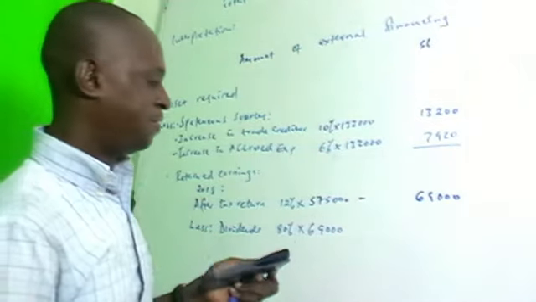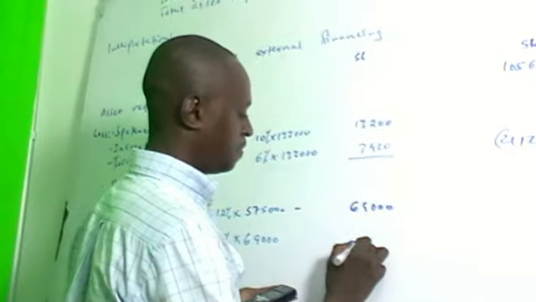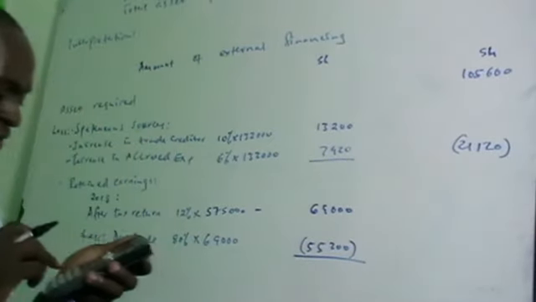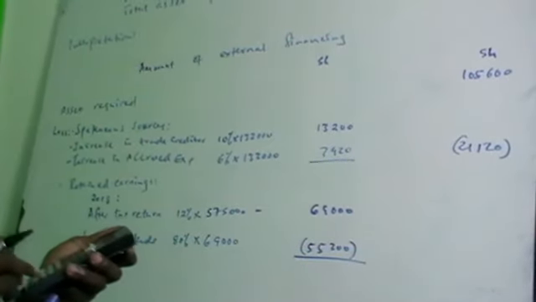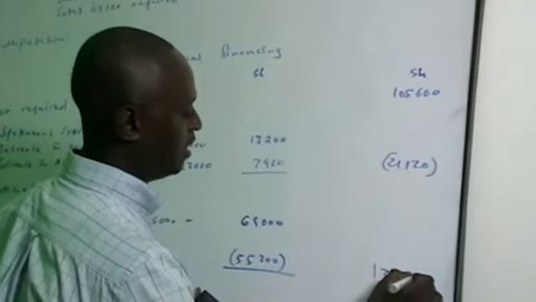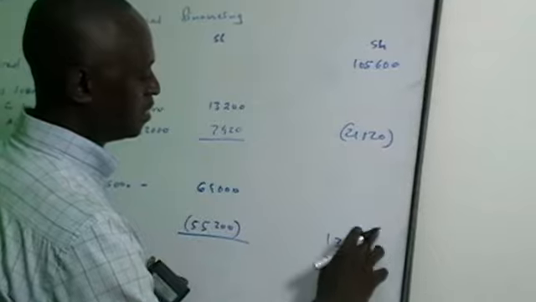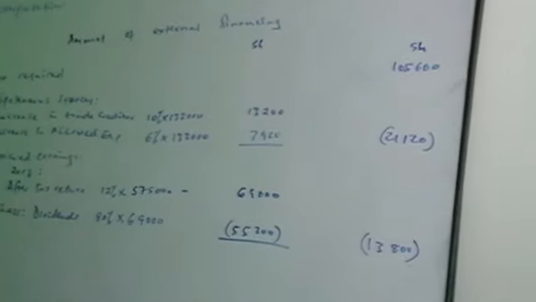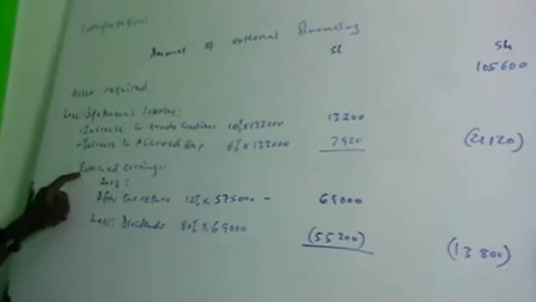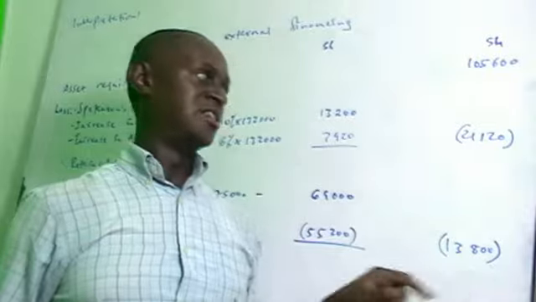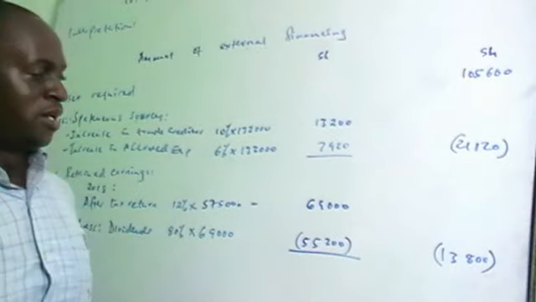That gives us 55,200. Subtract: 69 minus the answer, that is 13,800. So in year 2018, from retained earnings, we've obtained 13,800. I think we are now moving on well.